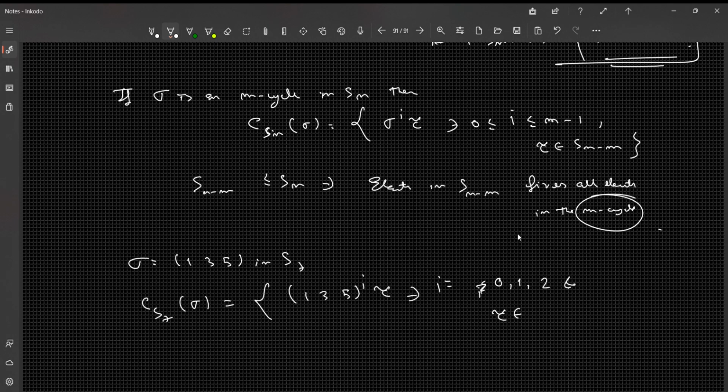And tau must be in S(7-3), which is of the form S4. Tau fixes this 3 cycle, so tau fixes 1, 3 and 5.